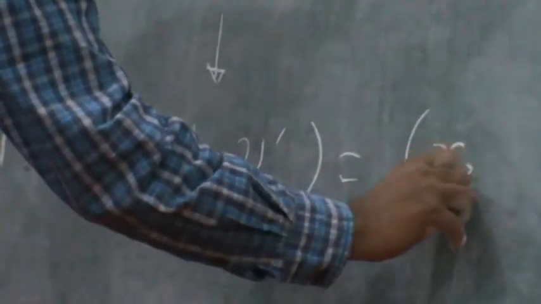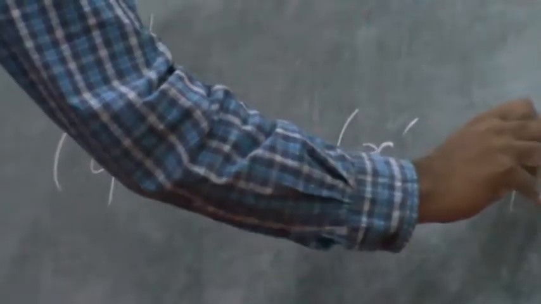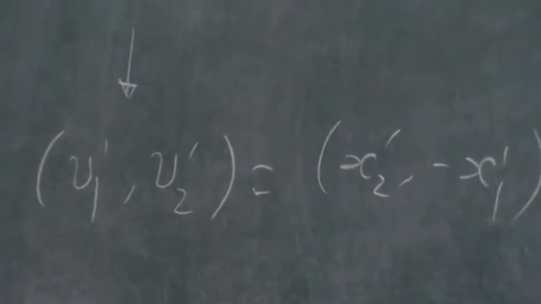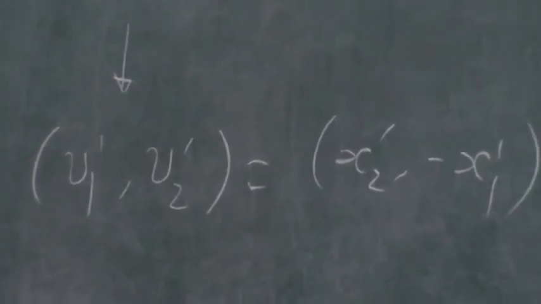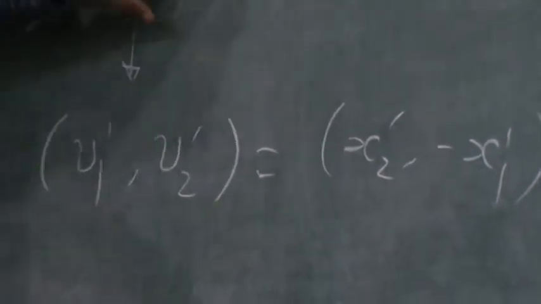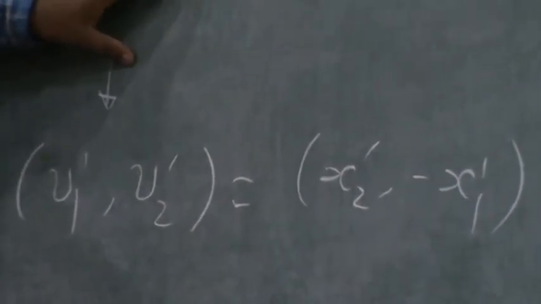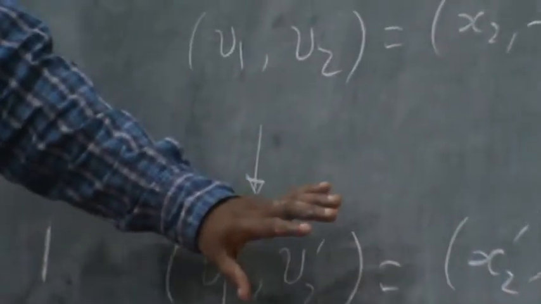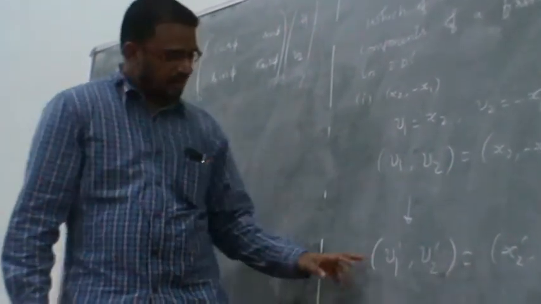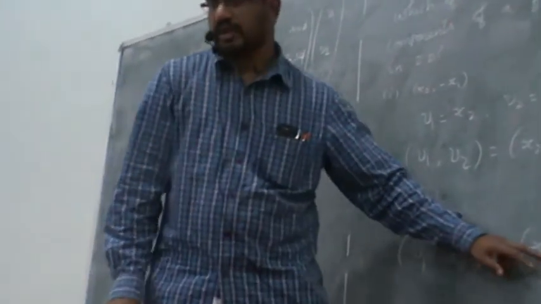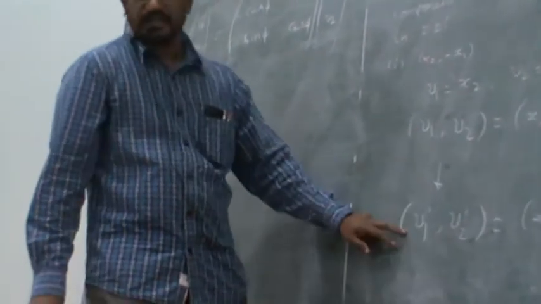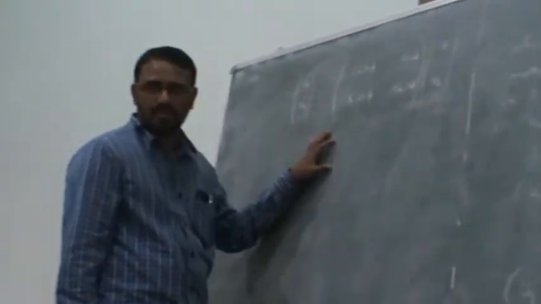Therefore, this is x2 prime and minus x1 prime. You agree with this? This is the old set of coordinates. And if I do the orthogonal transformation, this is my new set of coordinates. So these are primed coordinates, therefore I have to put a prime here. Okay? So V satisfies this transformation rule.